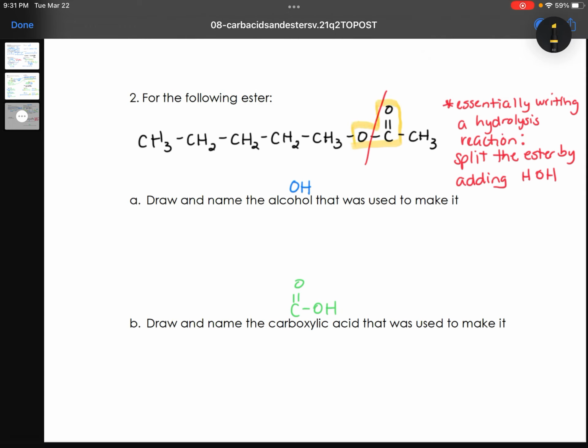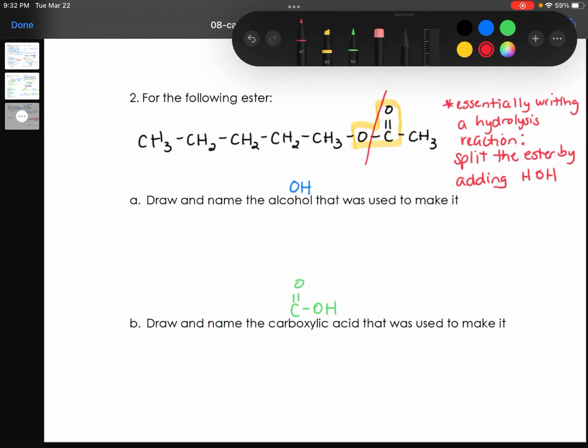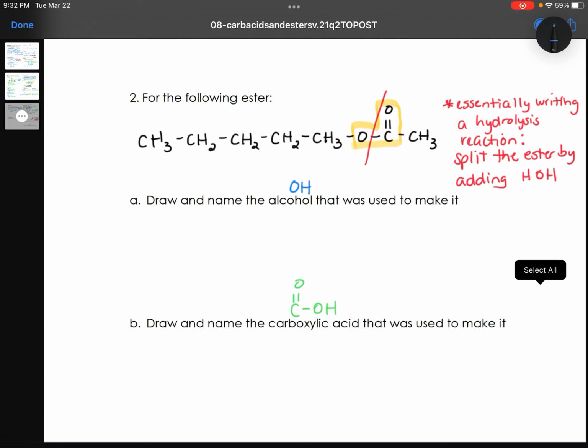Okay, so here is the ester functional group. We are going to split it in half into the alcohol and the carboxylic acid. So again, if you want to do the carboxylic acid first, it has a C double bond O. The alcohol does not. So this side is going to be the alcohol.